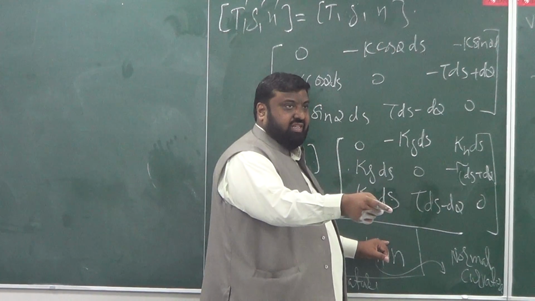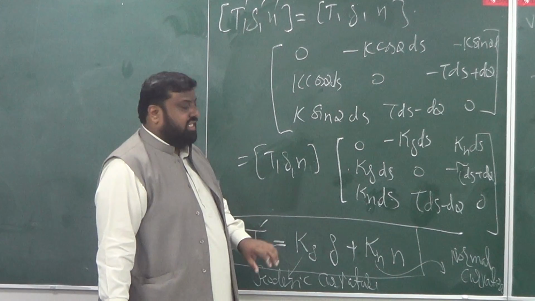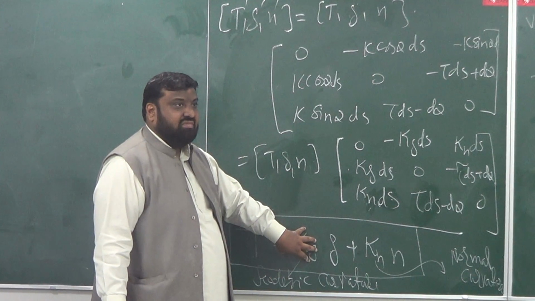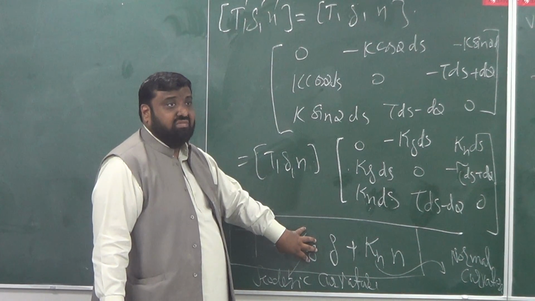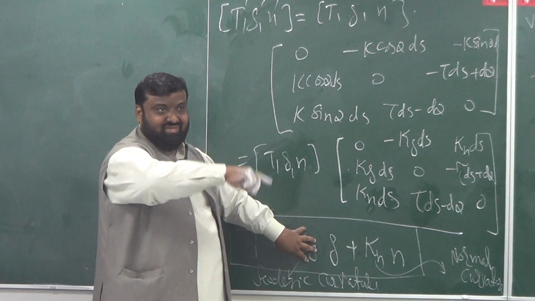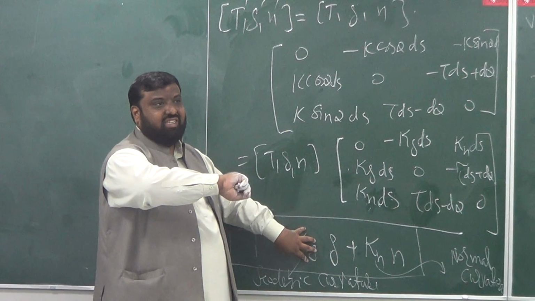Are you getting the point? If you are moving on geodesics, this guy is zero. It vanishes automatically, because there is no deviation of that curve from the geodesics.